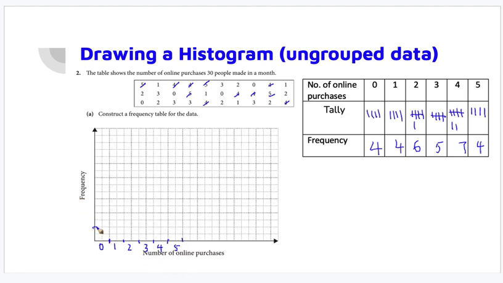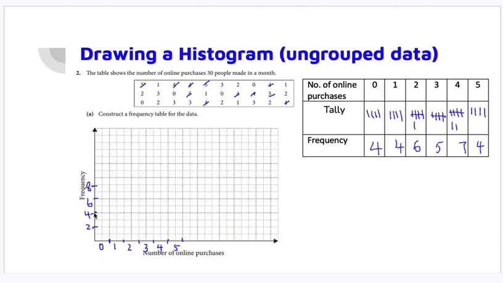And then for the vertical axis, the frequency maximum is 7. So we have 2, 4, 6, 8. Now we need to draw the bars.